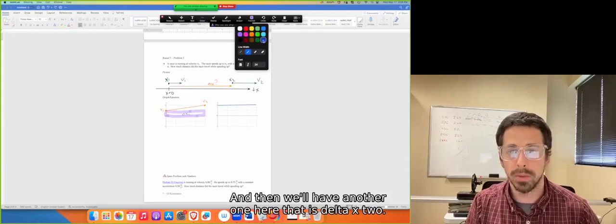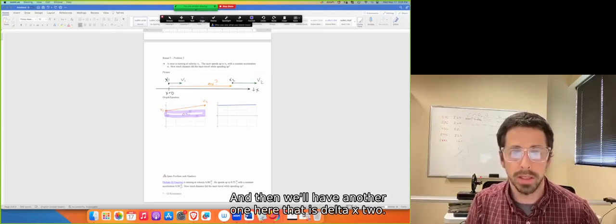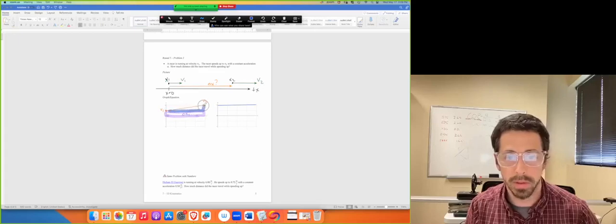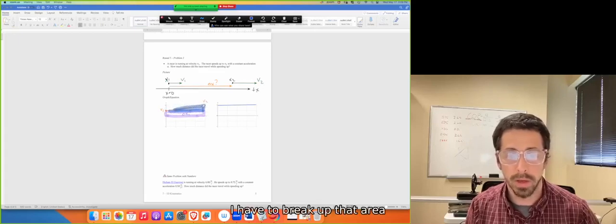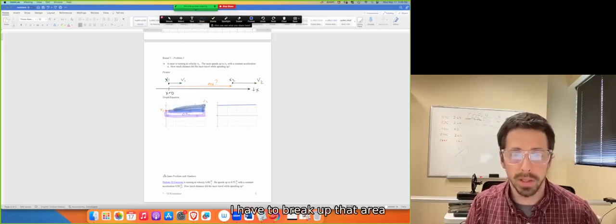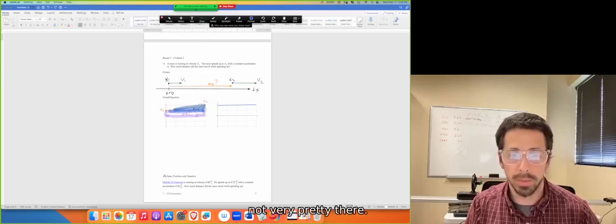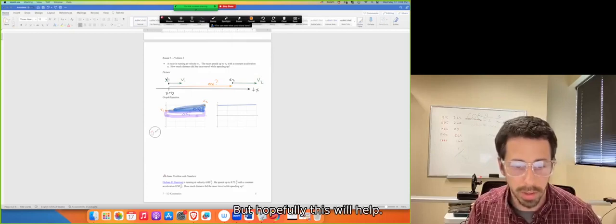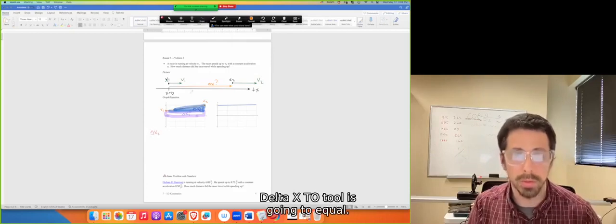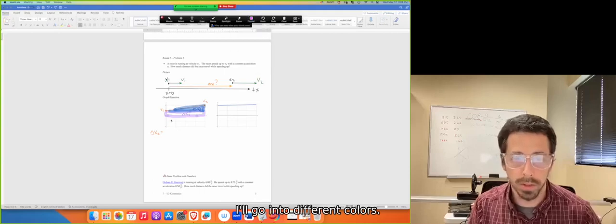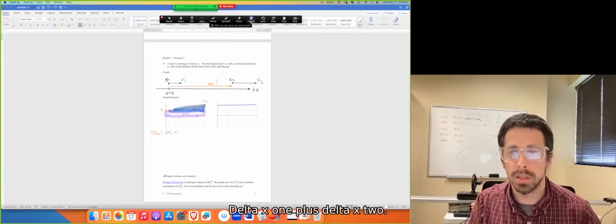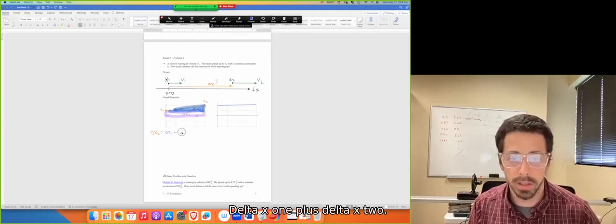And then we'll have another one here that is delta x2. So I have to break up that area into two different things. It's not very pretty, but hopefully this will help. Delta x total is going to equal delta x1 plus delta x2.